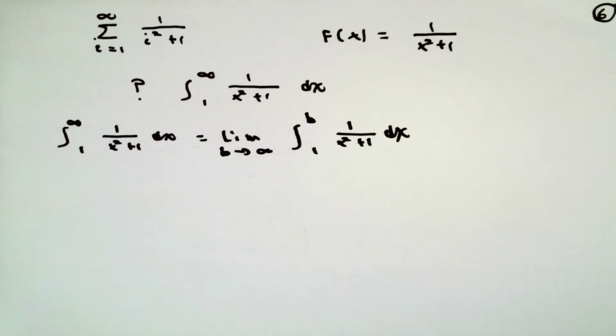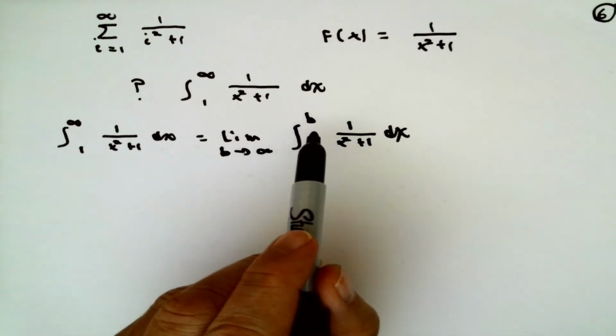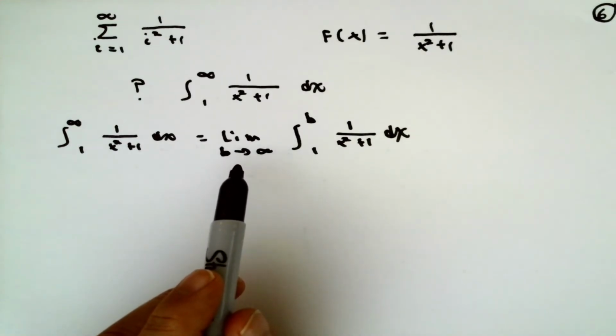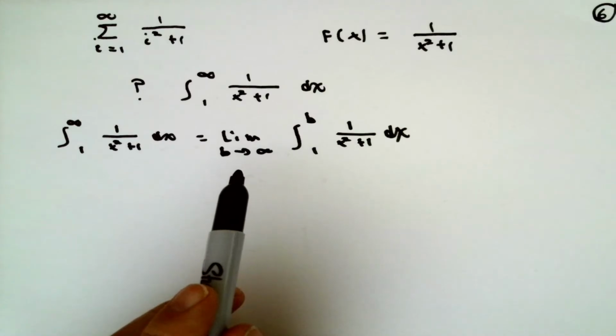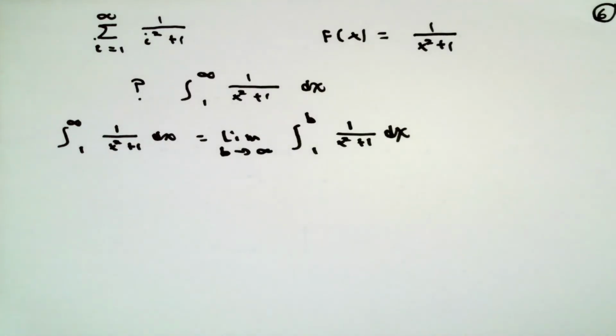I can't take an antiderivative and stick infinity and 1 into it and subtract. That doesn't make very good sense. Instead, I'm going to integrate from 1 up to some finite value of b and get an answer. That answer will have b in it, and then I'll take the limit as b tends to infinity. This is, you'll recall, the definition for this symbol, so this is what I have to do if I want to be careful.